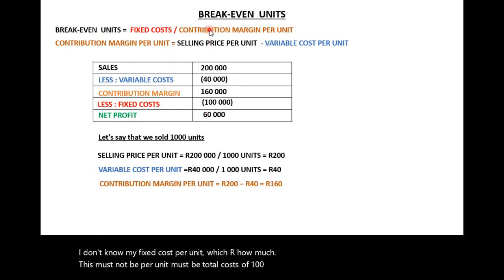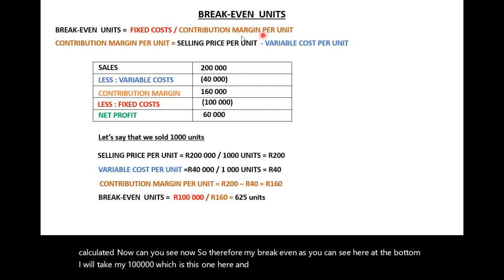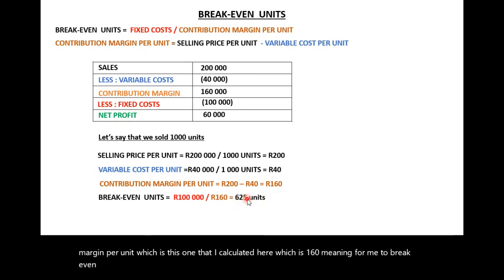I know my contribution because I just calculated it. So my break even, as you can see here at the bottom, I will take my 100,000 and divide by the contribution margin per unit, which is 160, meaning for me to break even, I need to sell 625 units.